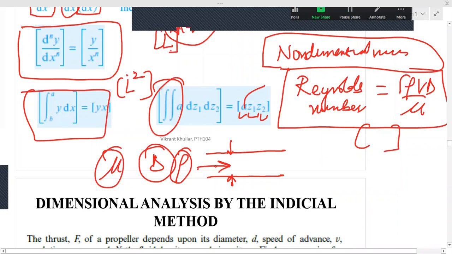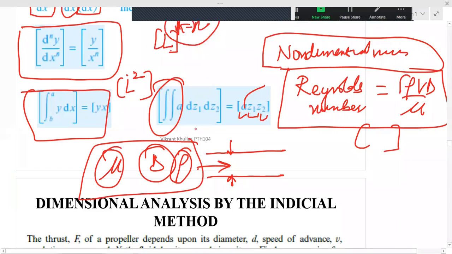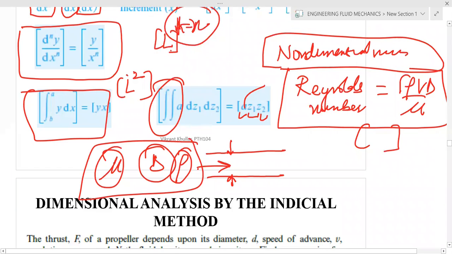If you want to study the effect of each and every parameter, then it would be very difficult for you to carry out the experiments, because the number of experiments will be very large.